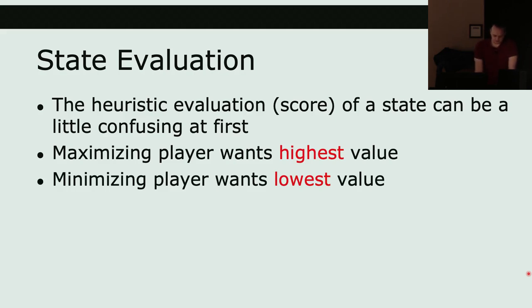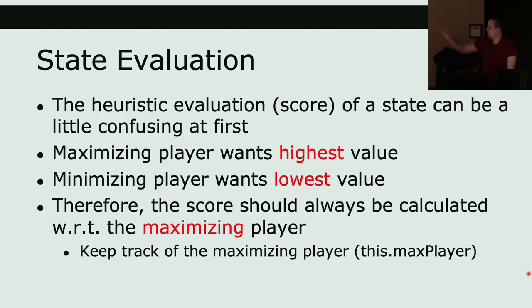And because of that, the score should always be calculated with respect to the maximizing player, right? So you look at a board, or you look at a game state, and you're trying to evaluate that. You are always evaluating the board with respect to the person who's maximizing, the person who is to act at the root node of that search. That's sometimes a little bit confusing.